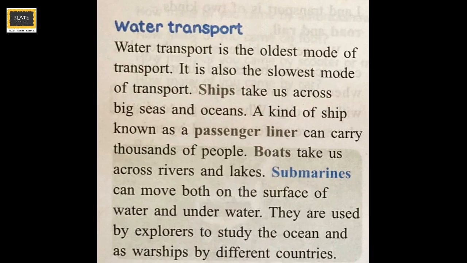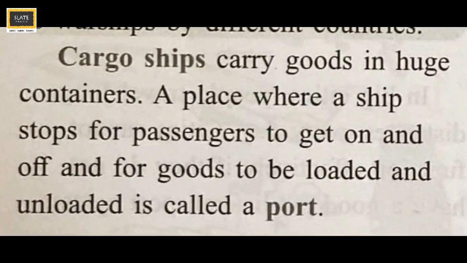Submarines can move both on the surface of water and underwater. They are used by explorers to study the ocean and as warships by different countries. Cargo ships carry goods in huge containers. A place where a ship stops for passengers to get on and off and for goods to be loaded and unloaded is called a port.